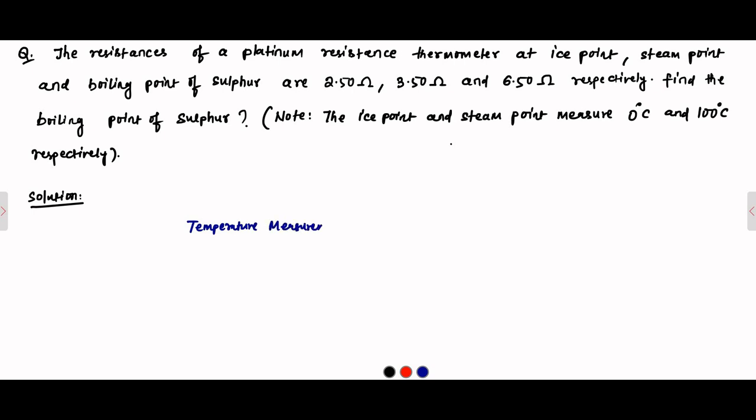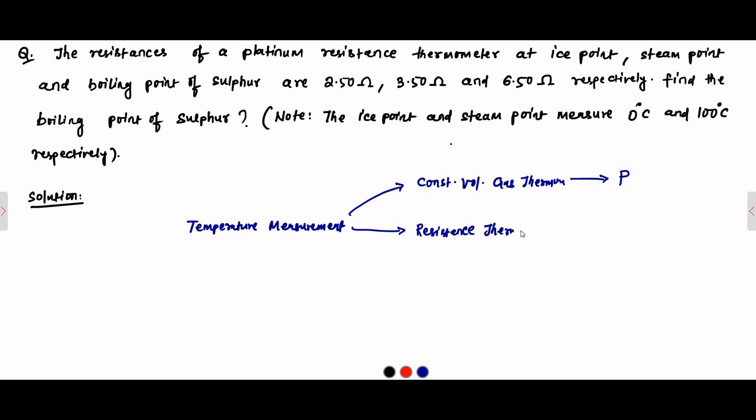So far we have discussed questions on constant volume gas thermometer, where temperature is measured as a function of pressure, P. Here the question is based on electrical resistance thermometer or platinum resistance thermometer. So we'll just call it resistance thermometer.